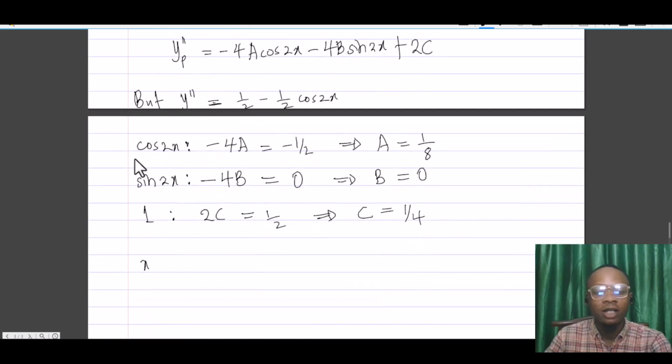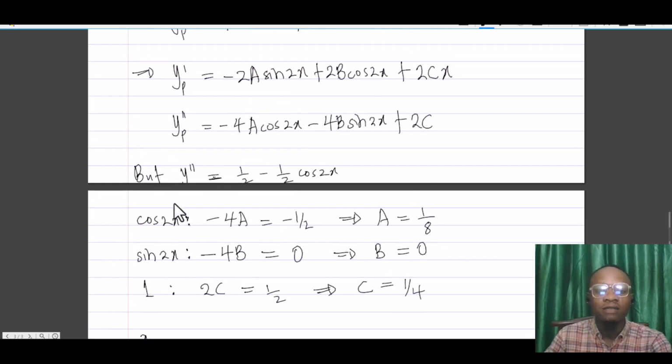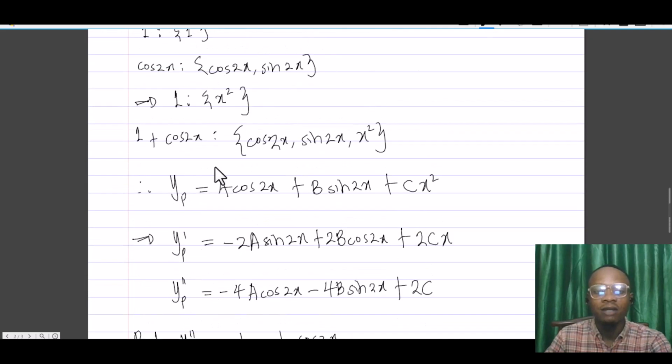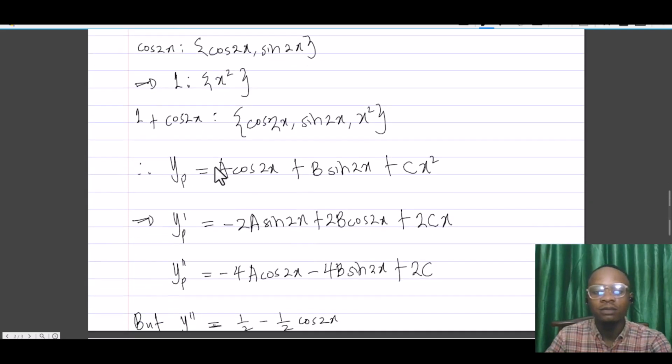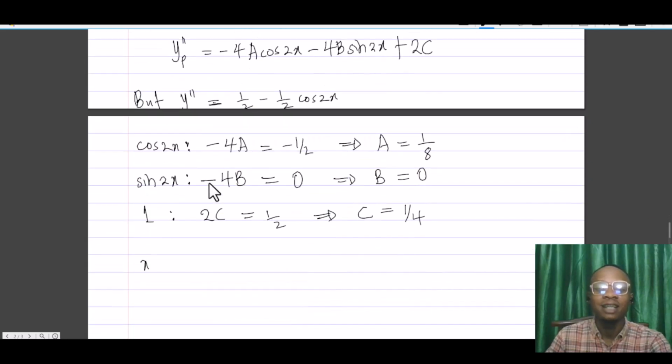This is cos 2x, this is sine 2x, this is 1. So after that, what other term do we have in the expression? We have x and x squared. Yeah, we have x and x squared.